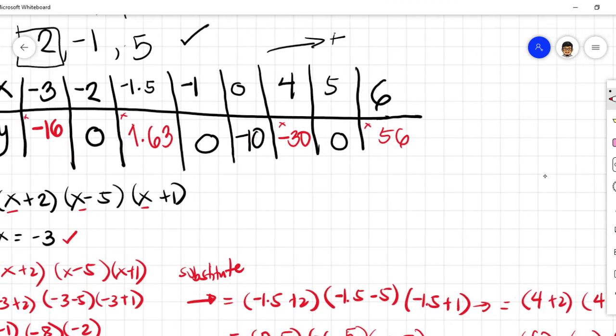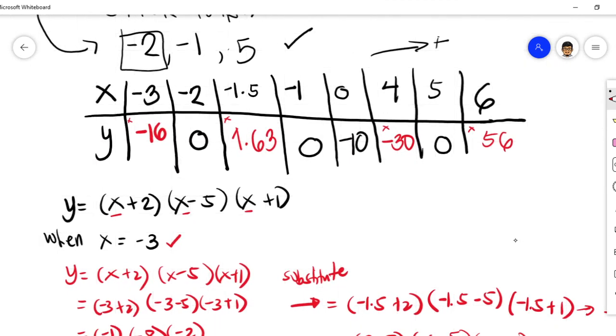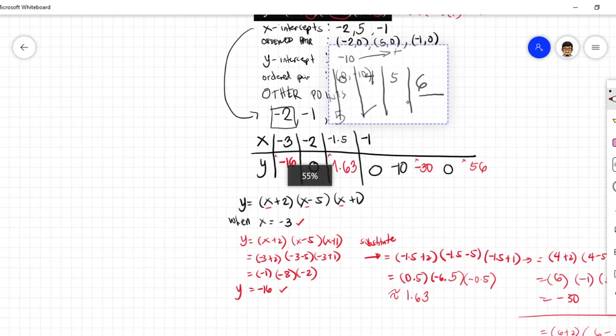Okay. Now, what are the other points we obtained for the given polynomial function? We have negative 3 and negative 16, negative 1.5 and 1.63, 4 and negative 30, 6 and 56. So, that means our graph will pass through those points. Okay? Let's finalize our answer.